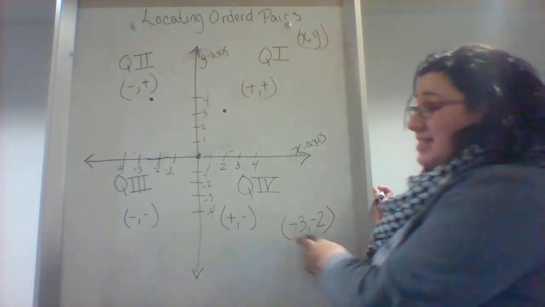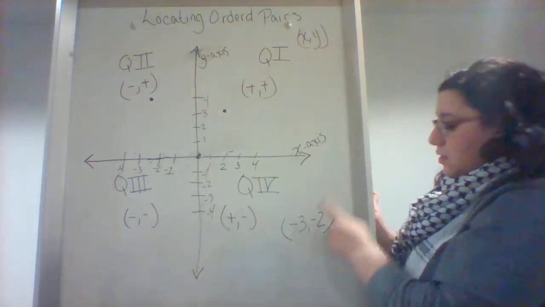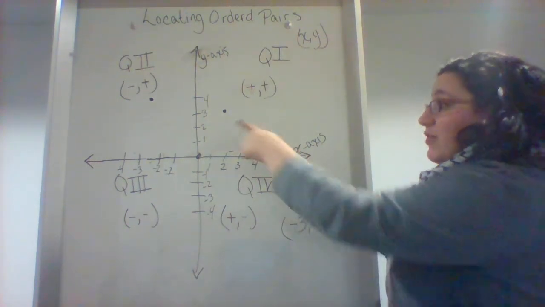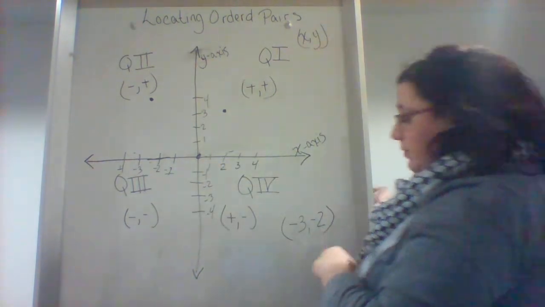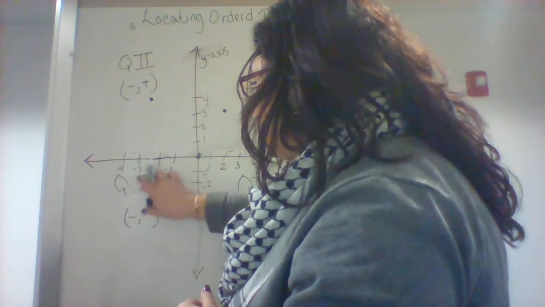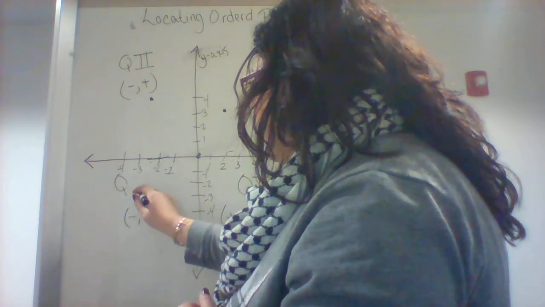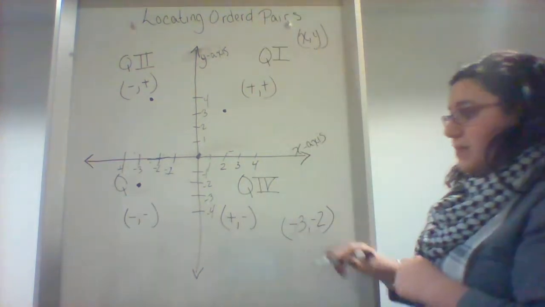So that tells me it's going to be in quadrant 3, where both of my coordinates are negative. So I'm going to continue. X-axis first is going to be negative 3, but instead of going up on the y, I'm going to go down on the y because it's a negative 2. So I'm over to negative 3. I'll erase this, it's in the way. So over to negative 3 and down to negative 2. And that's where that coordinate would lie.